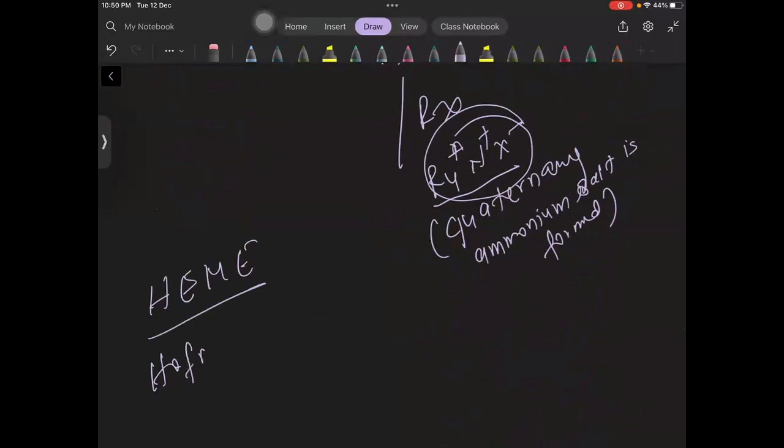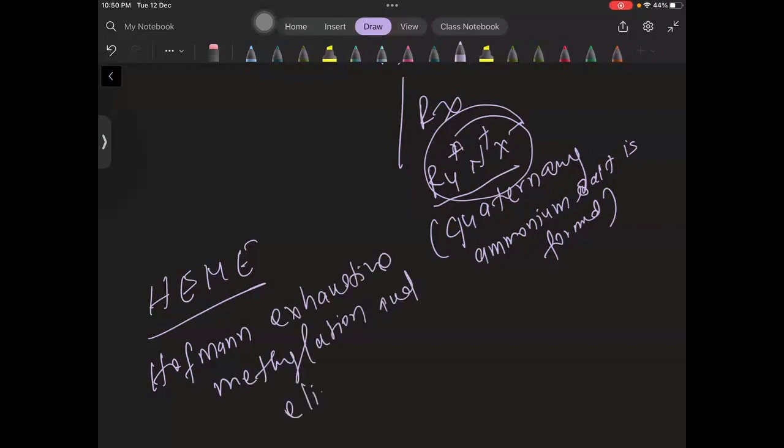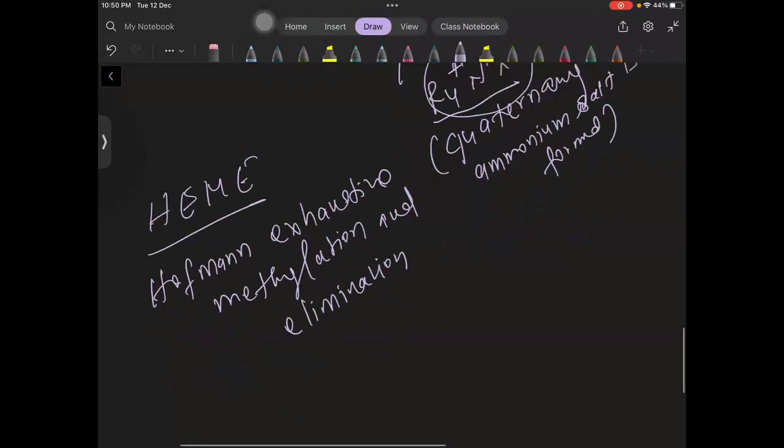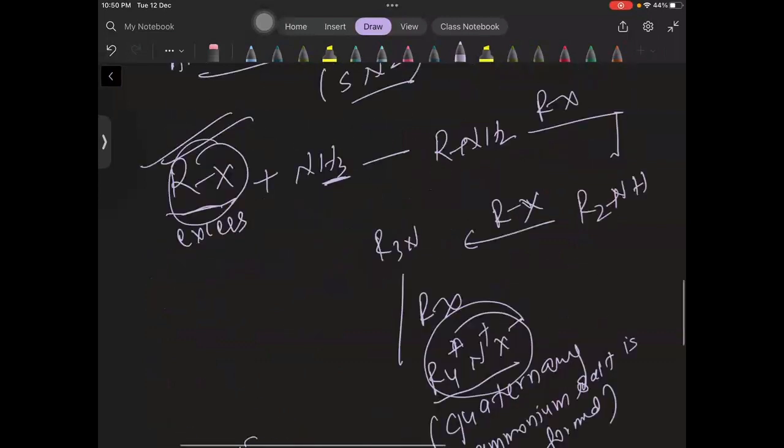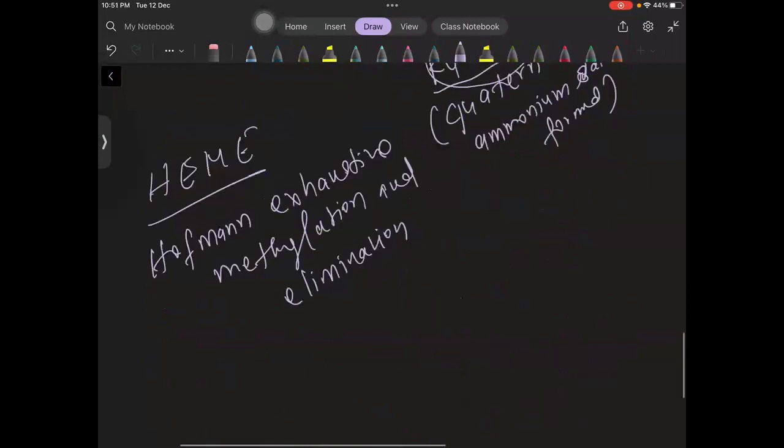Hofmann exhaustive methylation is the SN2 process and elimination is the E2 process.